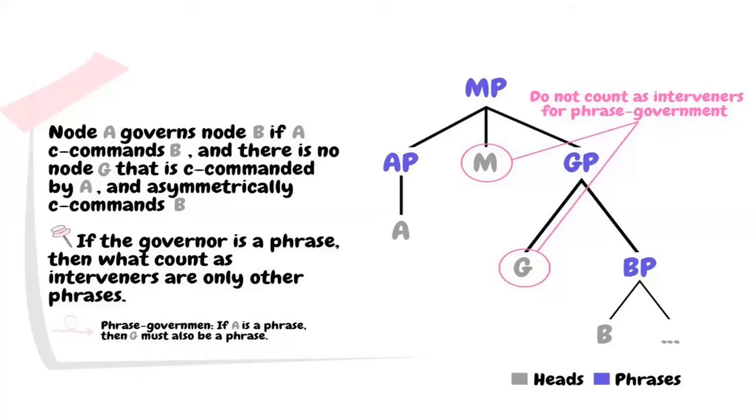No, because they don't C command B, and they are dominating B. Yeah, this is the perfect answer. No, simply because GP and BP dominate B. And remember, they do not C command. So if there is a domination relation between two nodes, then there is no C command relation between them.